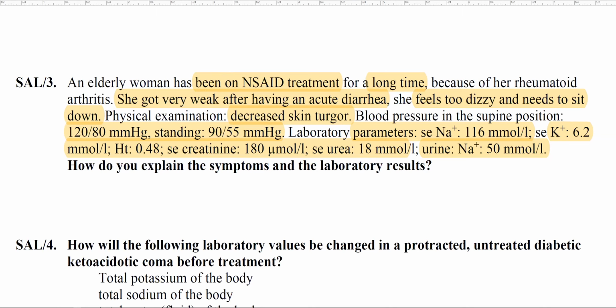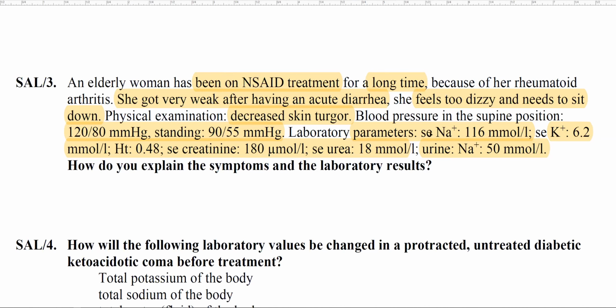And now, due to the diarrhea, she developed orthostatic hypotension. This was the first one, okay? Plus hypovolemia because her skin turgor decreased as well. And when we looked at the parameters, this patient had a hyponatremic hypovolemia.